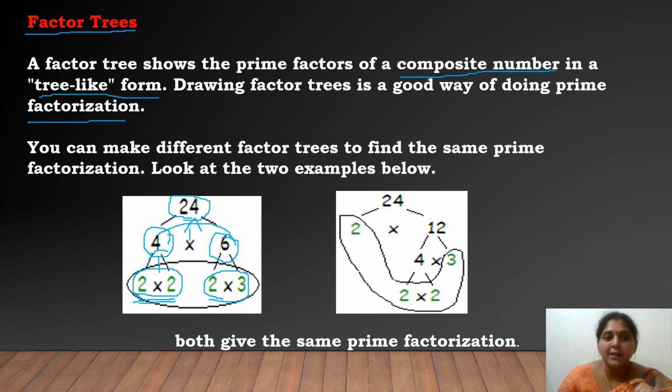You have to multiply 2 into 2 into 2 into 3. Right or wrong? Yes. Multiply: 2 2s are 4, 4 2s are 8, 8 3s are 24. You got your number that you had taken. Yes. This is the factor tree method.